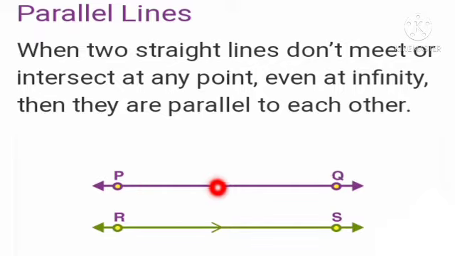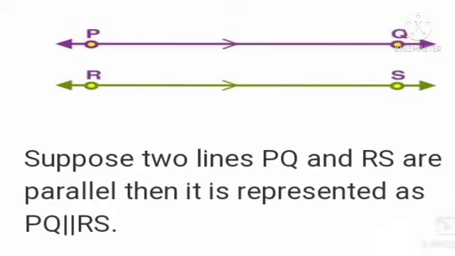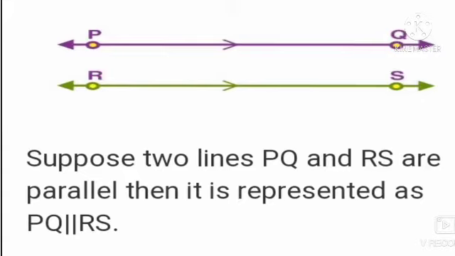They do not intersect at any point. Suppose two lines PQ and RS are parallel lines. It is represented as PQ is parallel to RS. And also, children, the distance between these two parallel lines is the same.